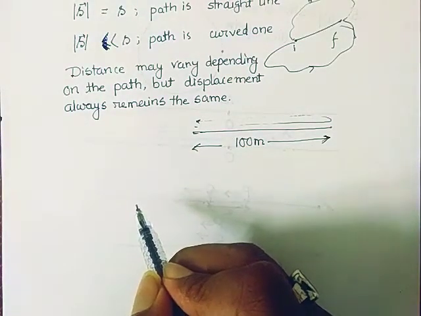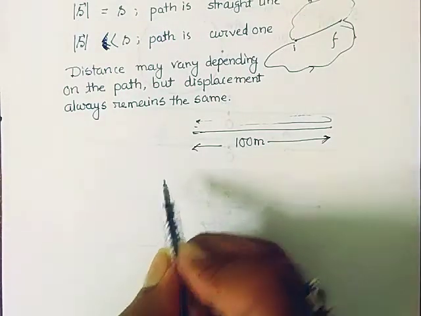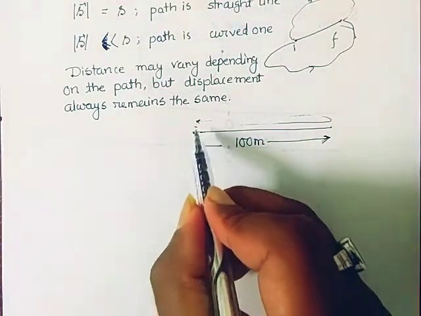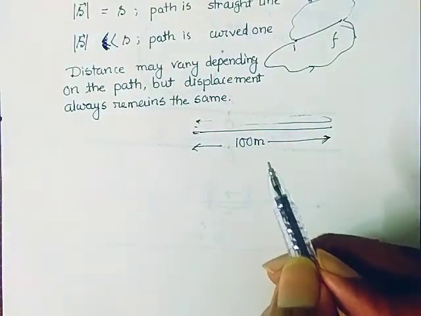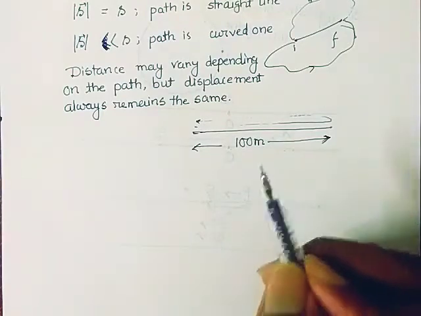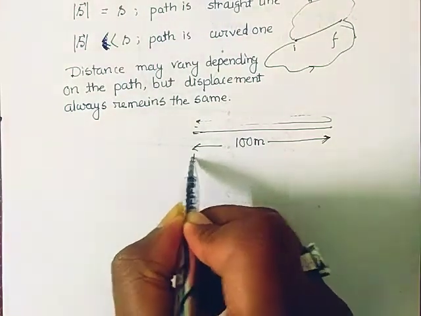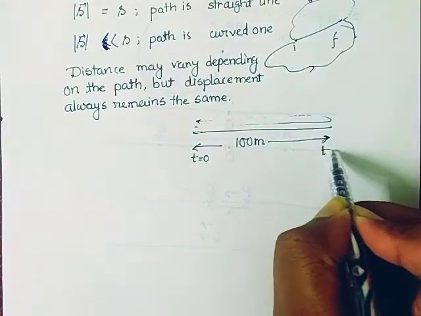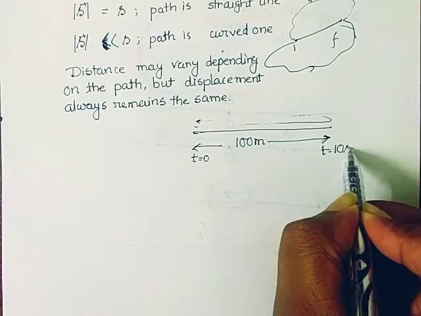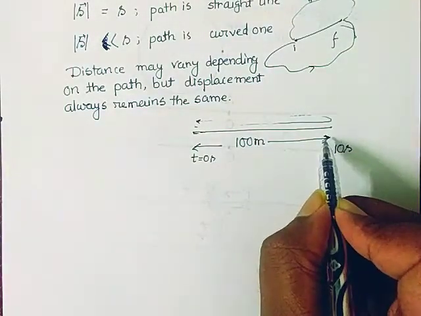But the displacement is 0 here because the initial point and the final point are the same. With time, at t equal to 0 and t equal to 10 seconds, obviously the displacement is 100 meters.